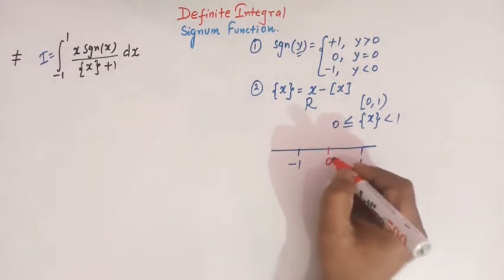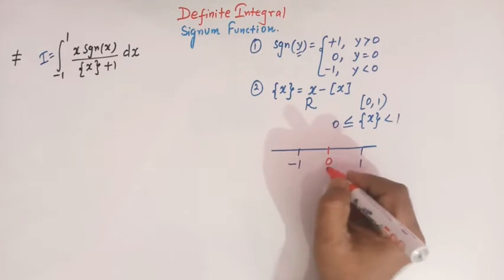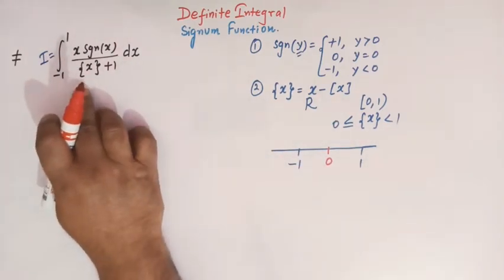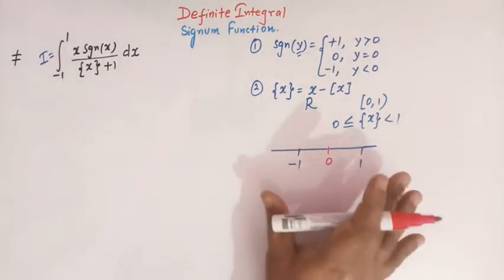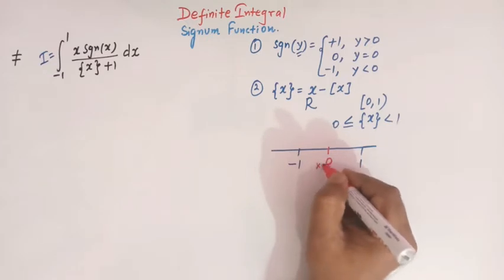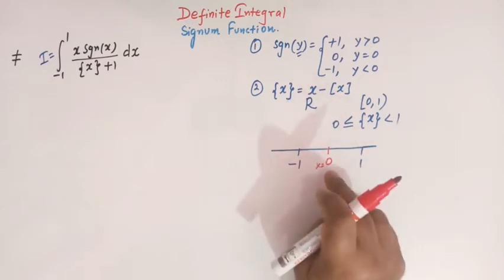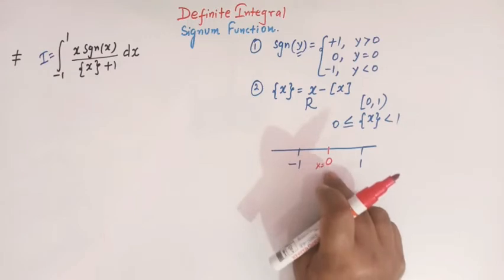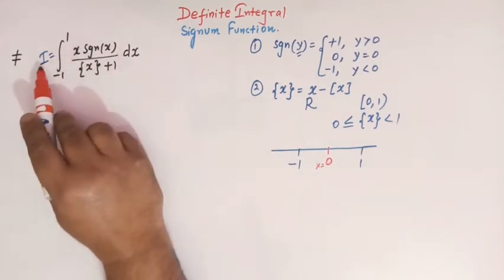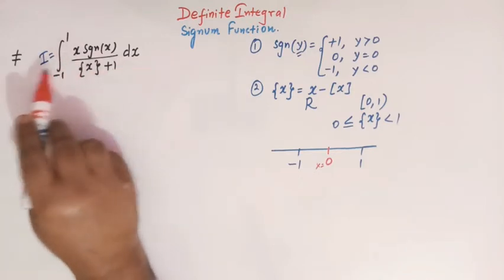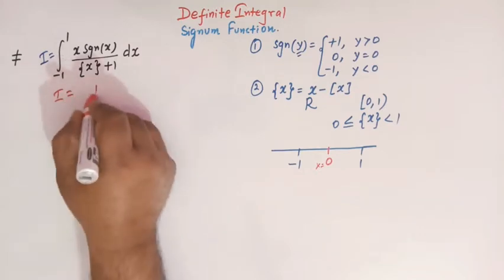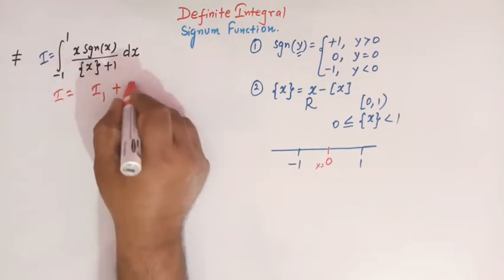This integer 0 is going to play an important role while we evaluate this integral. In other words, the point x equal to 0 acts as a breaking point to break this integral I as a sum of two integrals, so we write I is equal to I1 plus I2.